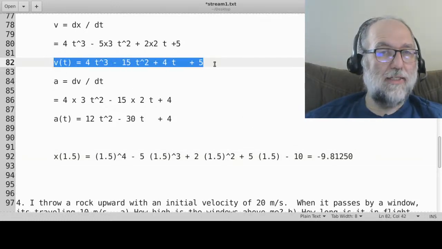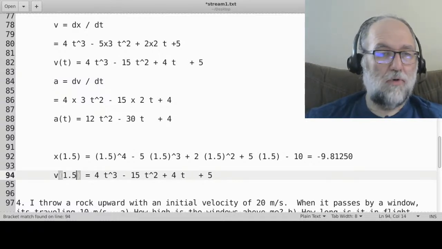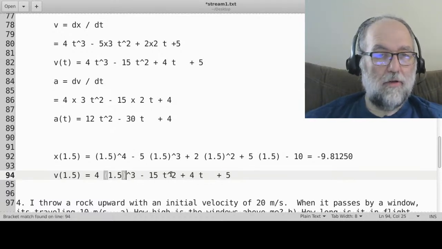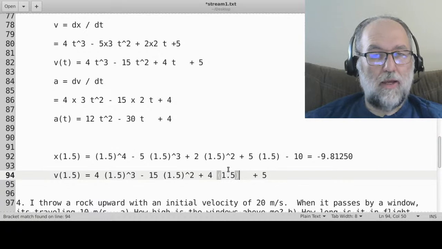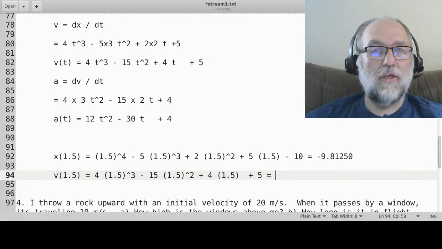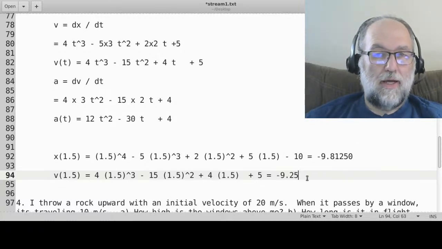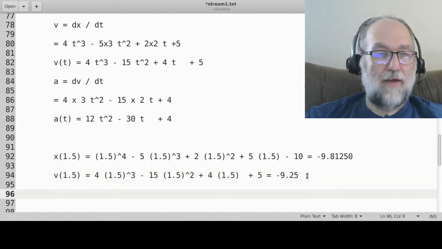What about the velocity? There's the velocity as a function of time. In every place you see t, put in 1.5, 1.5, 1.5, and 1.5. Then you just crunch that through your calculator, and you will get that number right there, negative 9.25.